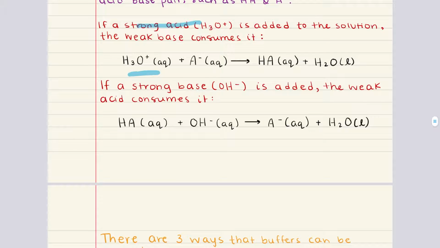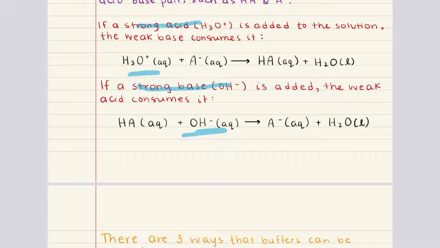On the other hand, if a strong base like hydroxide is added, the weak acid in the buffer donates a proton to neutralize the base, and this creates more of the conjugate base and water. These reactions demonstrate the dual role of buffers in neutralizing both added acids and added bases, and it ensures that the pH remains stable.